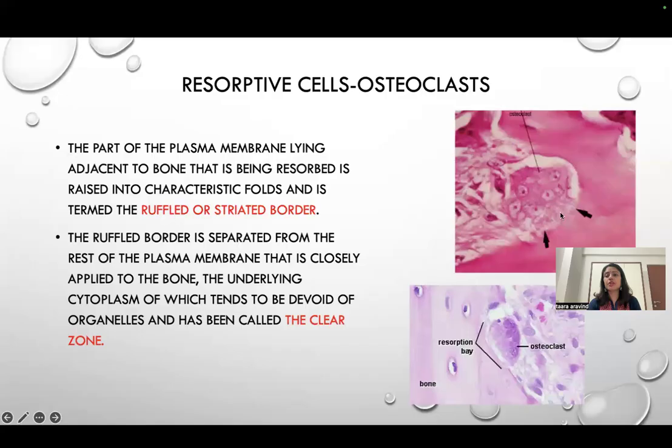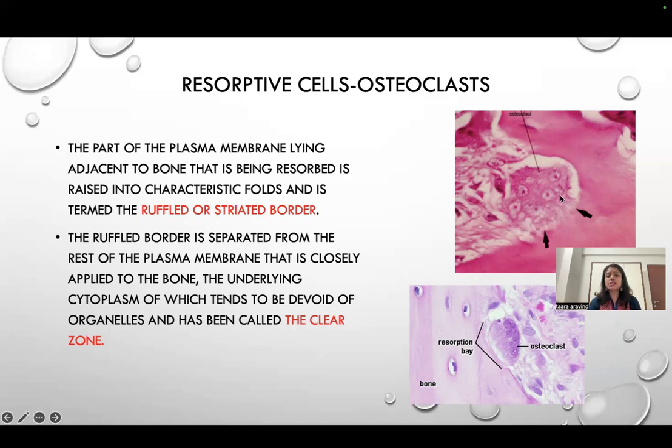The plasma membrane shows characteristic folding, and this region is known as the ruffled or the striated border. The significance of this ruffled border is that it seals the bone to be resorbed from the rest of the bone. That is the purpose of this ruffled border.